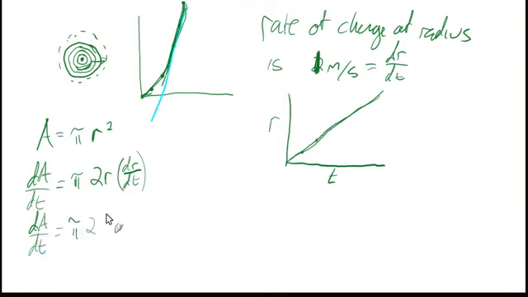So when the radius is 5, and the rate of change is 1, that's what we're saying here. How fast is the area changing? Well, it's changing at a rate of 10 pi meters squared per second. Quite a lot. Somewhere around 30 square meters.